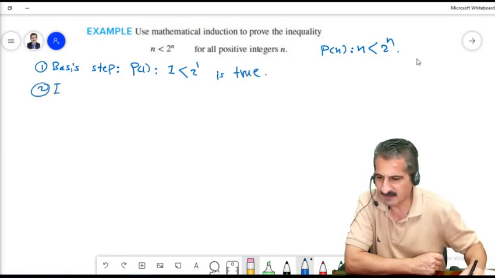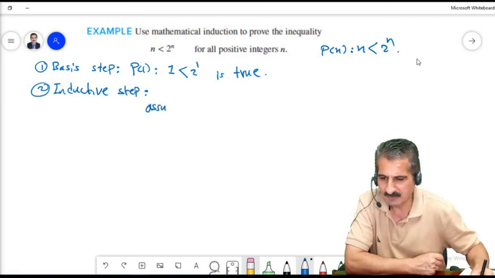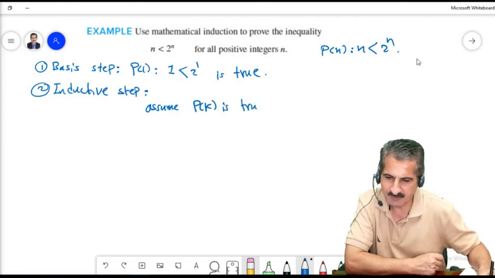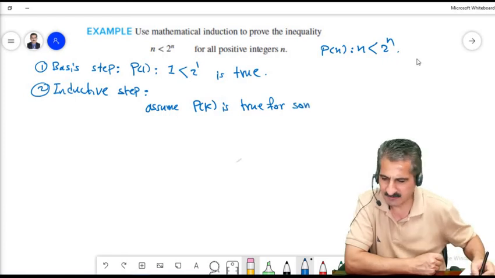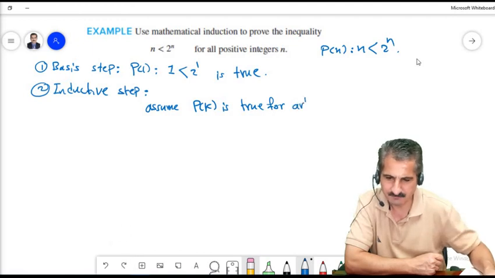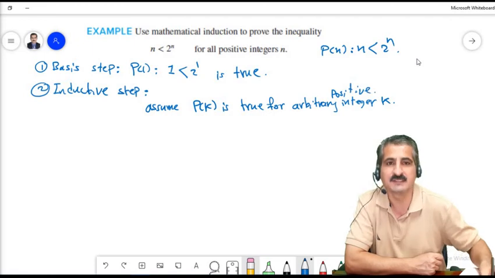Second, the inductive step. It says that assume P of k is true for, not for some, but for arbitrary integer k, and we always mean that k is an arbitrary positive integer.